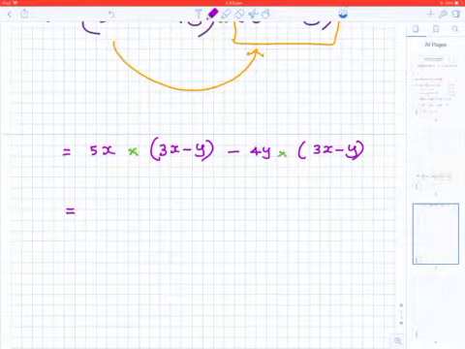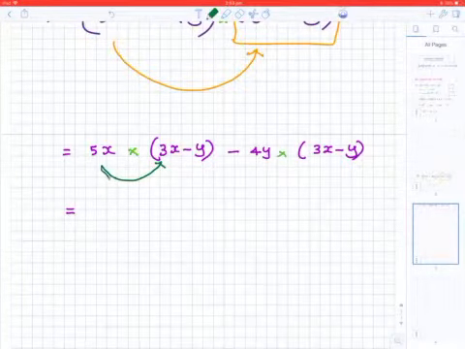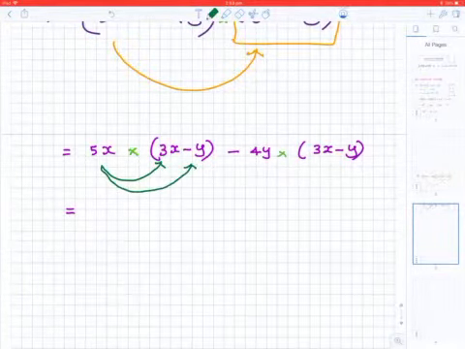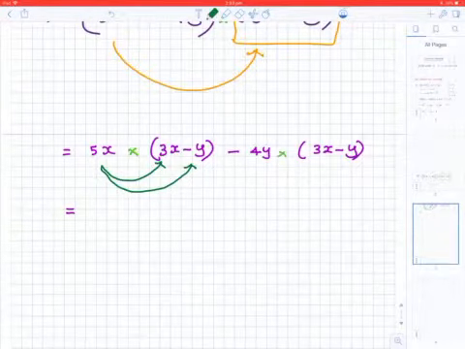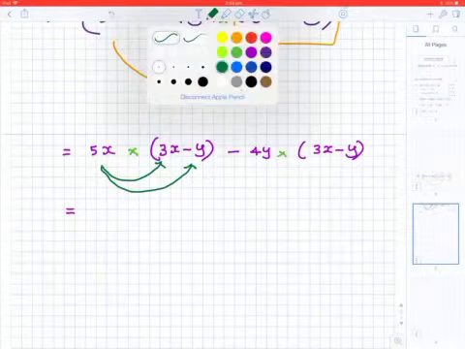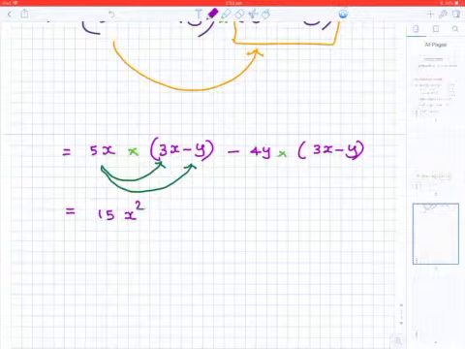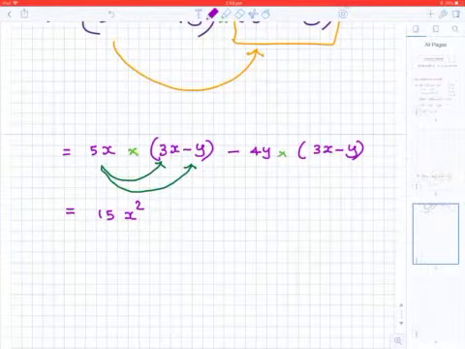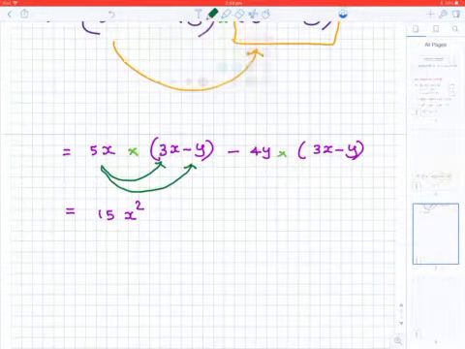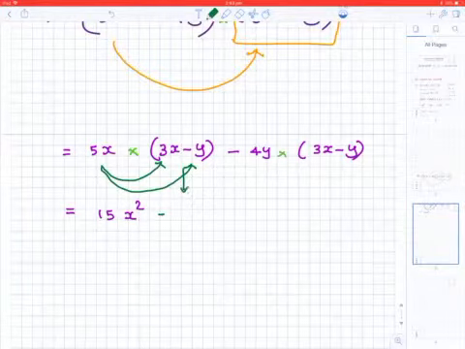Now this question becomes much easier. You know how to expand expressions. So using that skill, this is going to be 5x times, I'm doing from 5x to 3x, then 5x to minus y. If I do that, 5x times 3x gives me 5 times 3, which is 15, x times x, x squared, then minus, that minus comes down.